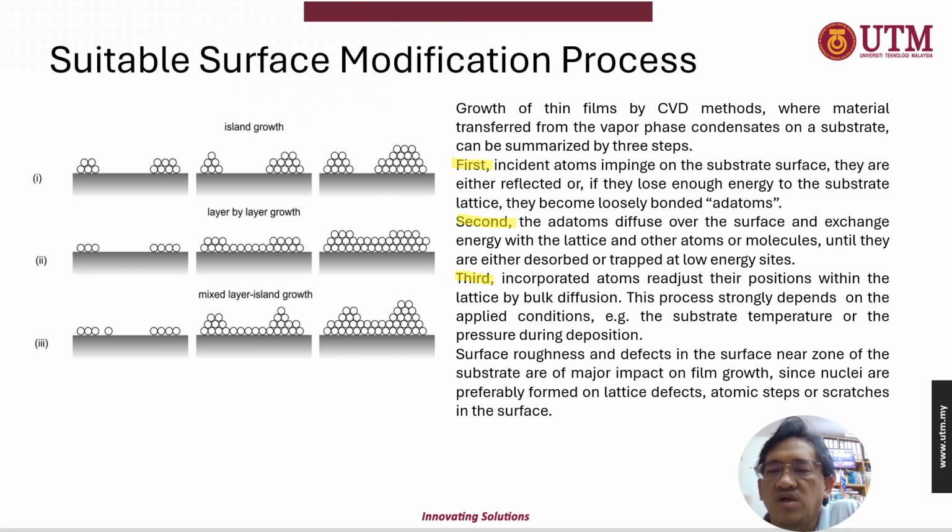This process strongly depends on the applied conditions, the substrate temperature, or the pressure during deposition. Surface roughness and defects in the surface near zone of the substrate are of major impact on film growth, since nuclei are preferably formed on lattice defects, atomic steps, or scratches in the surface.